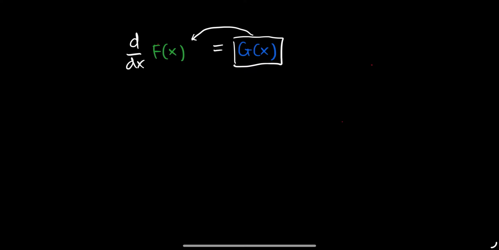It's the complete opposite. So if I were to integrate g of x dx with respect to x, basically, I get f of x plus c. This is an arbitrary constant and is known as the constant of integration.